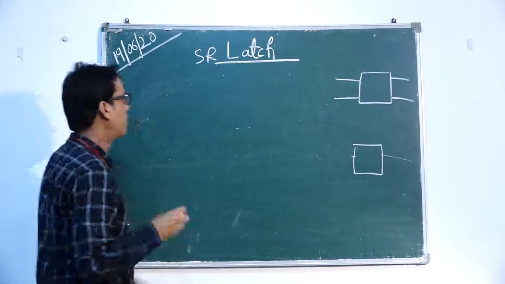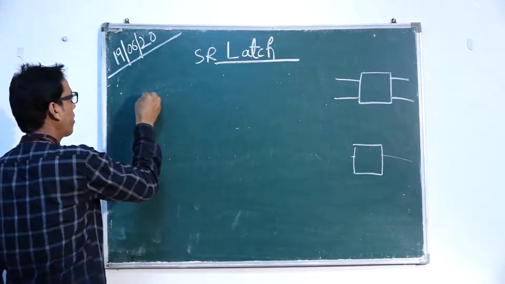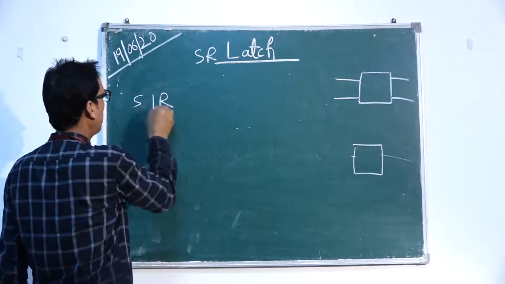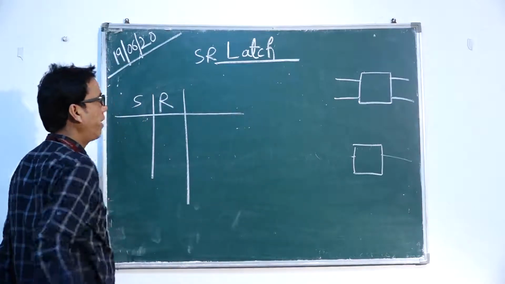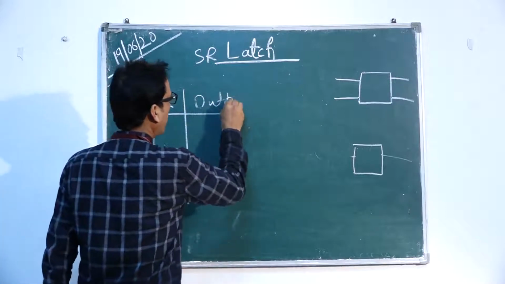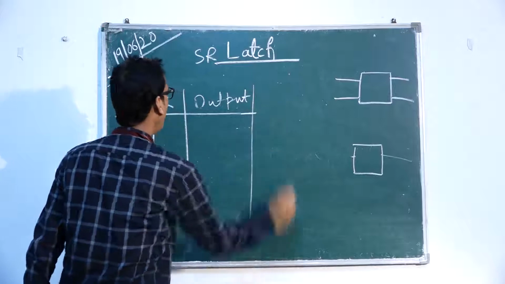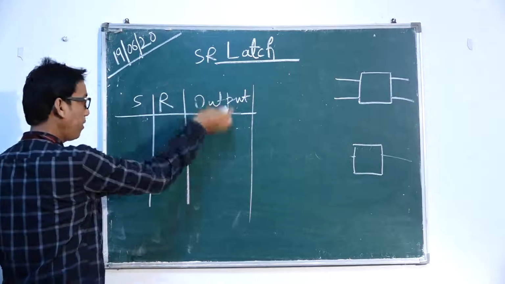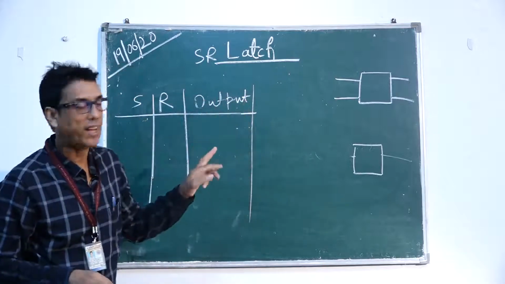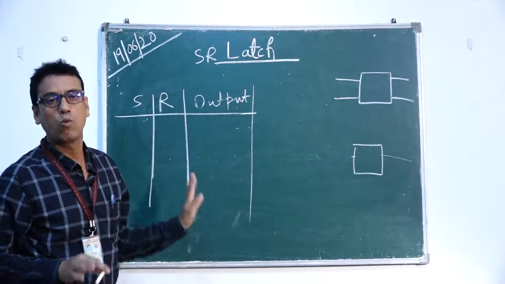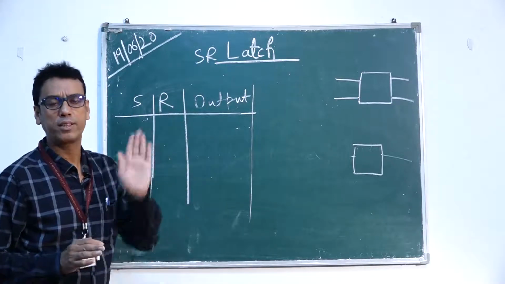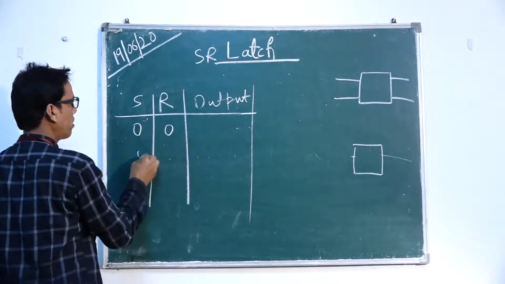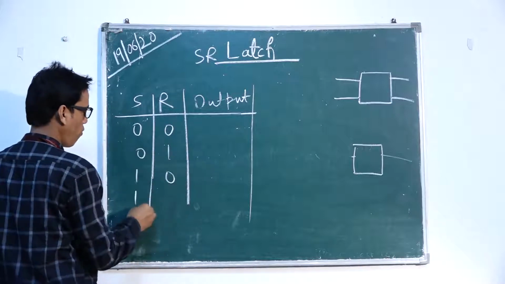So see, S and R and output. It has only 2 input lines and 2 output lines. So instead of 2 output lines, I am showing only 1. Why? Everything will be clear when the session ends. So please listen carefully. 0 0, 0 1, 1 0, 1 1.